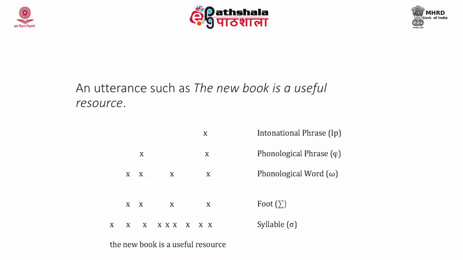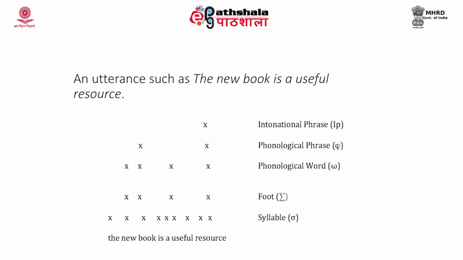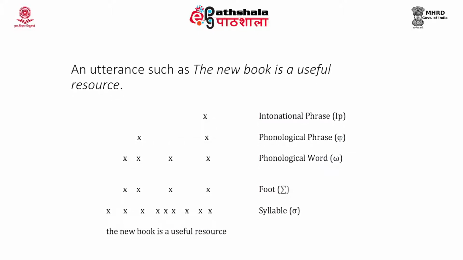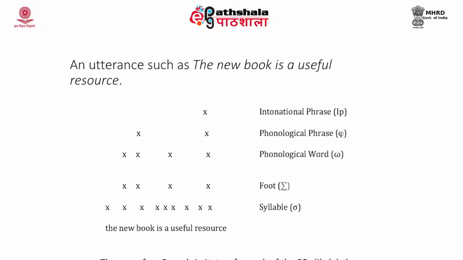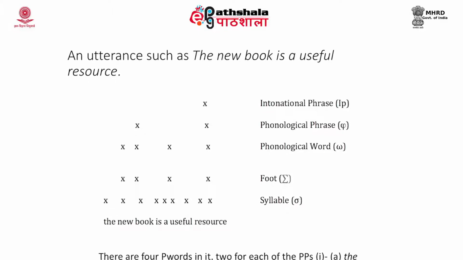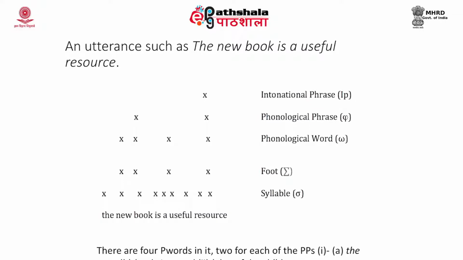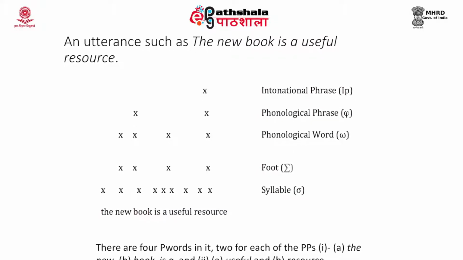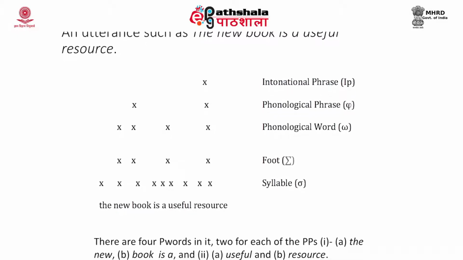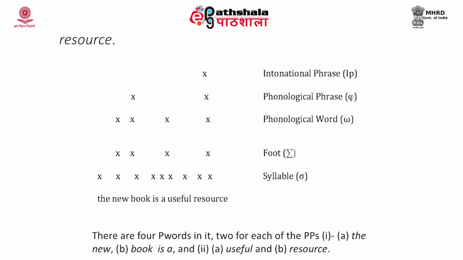What you notice here is that the phonological phrase consists of four phonological words. But a phonological word is also one which incorporates in it other material, particles, which are not stressed, but which go with it. For example, the new is a phonological word.